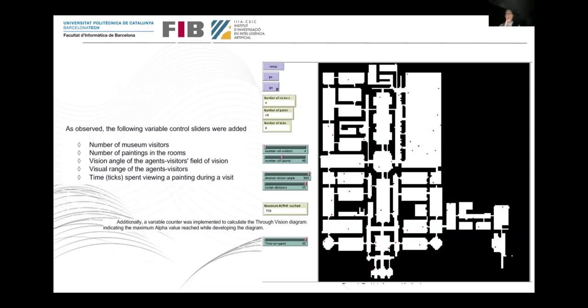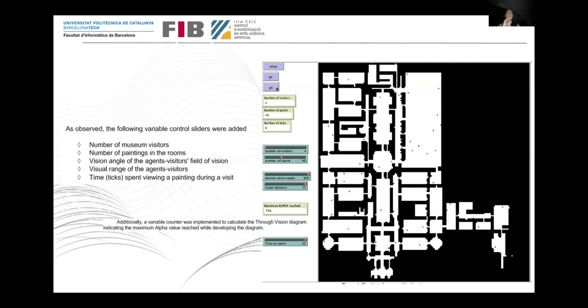So this is the final interface that was designed. We can see here that we have already a simplified model of the Tate Britain. These little red dots that we see on the screen are paintings, considered attractors with several weights. We can see that we have some sliders on the left that allow us to choose the number of paintings in the form of attractors, the number of visitors.